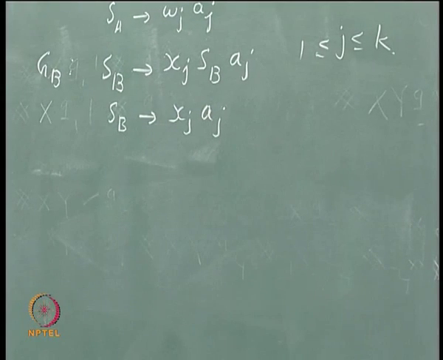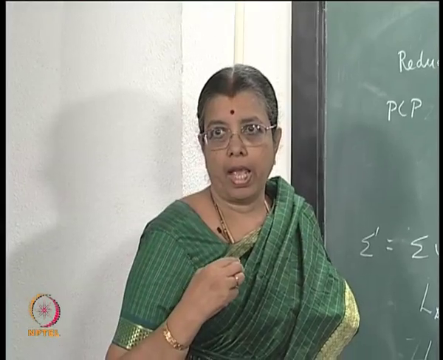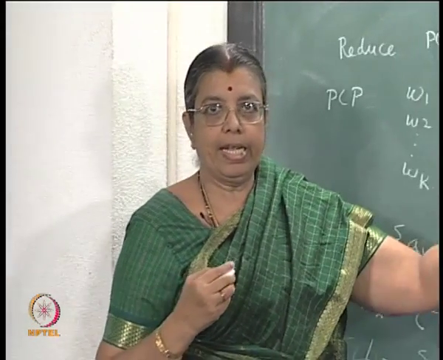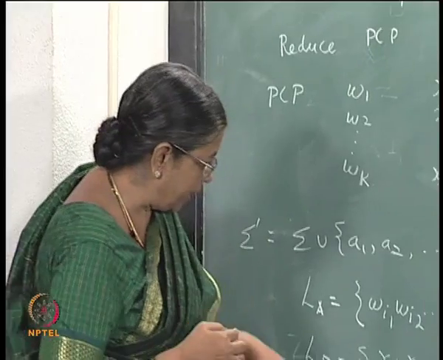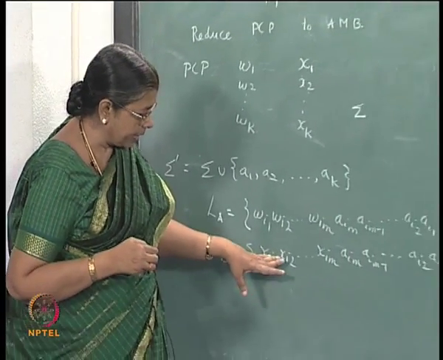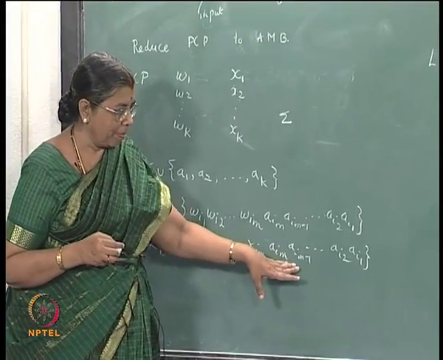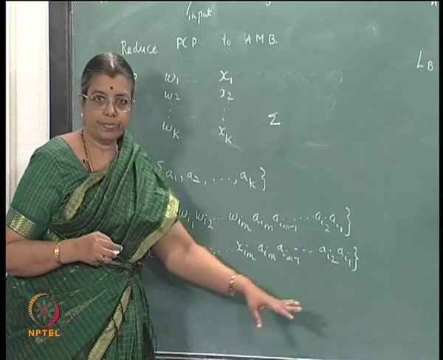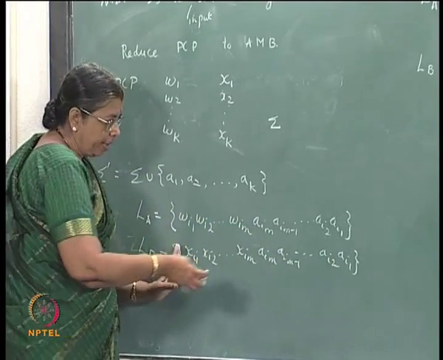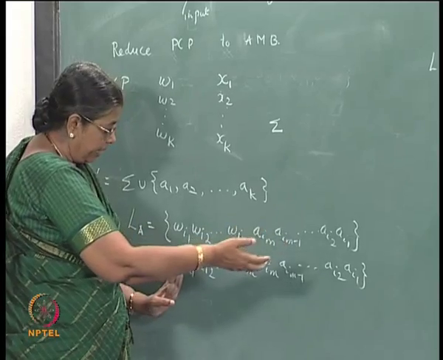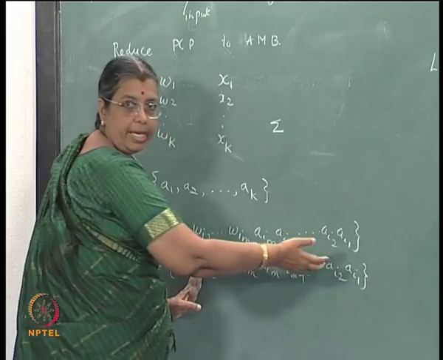There will be 2K rules for GB, and it is a linear grammar. With these 2K rules you can generate strings of the form Xi1, Xi2, ..., Xim, Aim, ..., Ai1 and so on. First Xi1 and Ai1 will be generated, then Xi2 and Ai2 will be generated and so on.